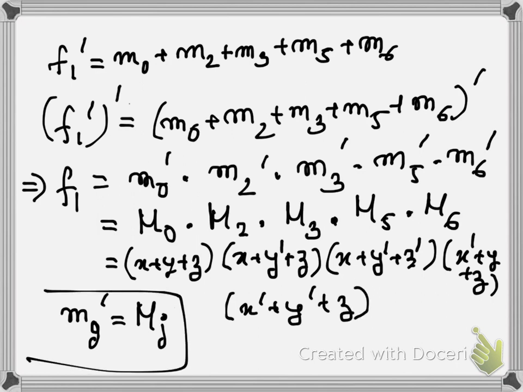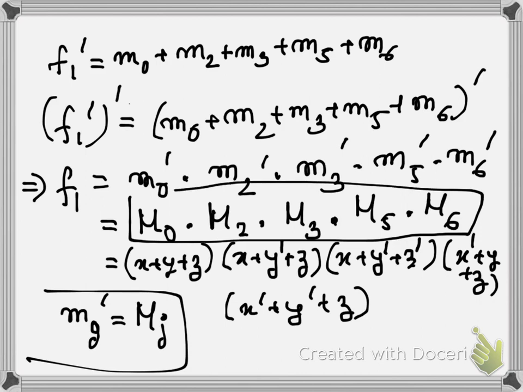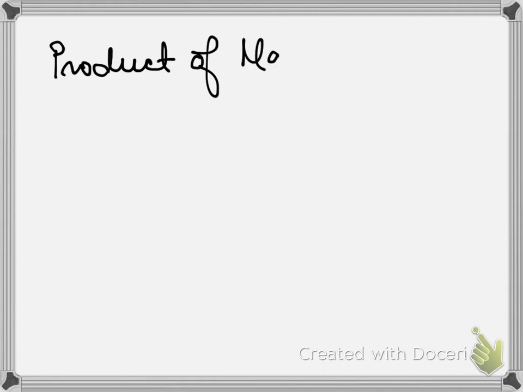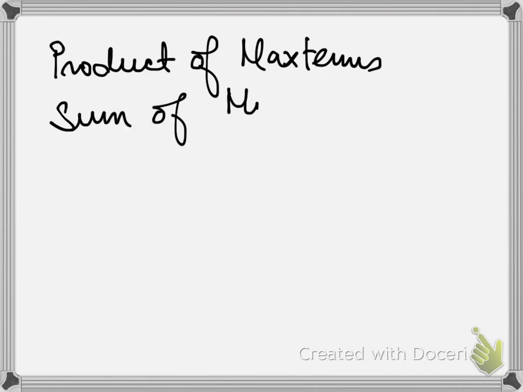This part is different. So here you have represented F1 as a product of max terms, and you have the sum of mean terms.